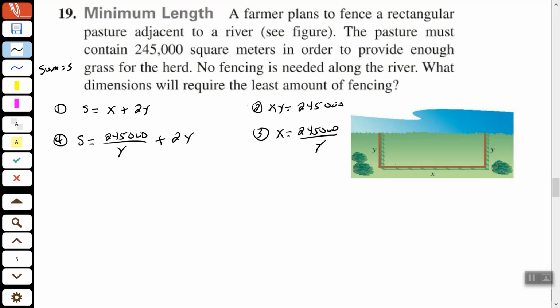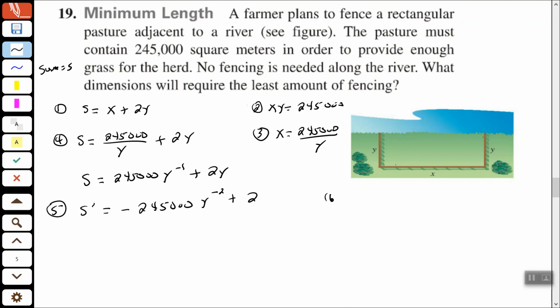And next we want to find our derivative. So let's move that y to the numerator and make it y to the negative first. And then let's find the first derivative: negative 245,000 times y to the negative second, plus 2. We know our x and y must be positive because we're measuring. Let's go ahead and check our second derivative.